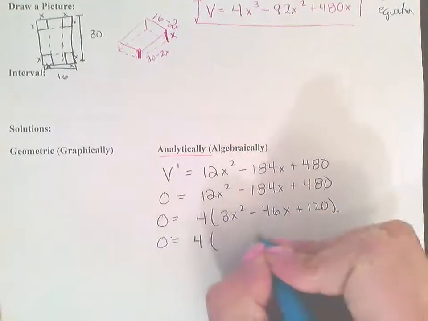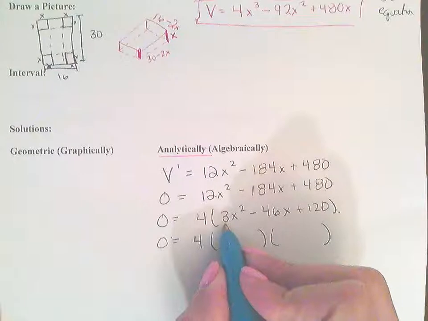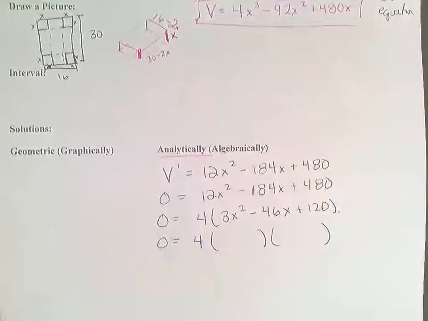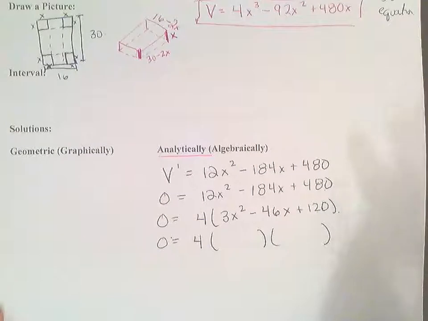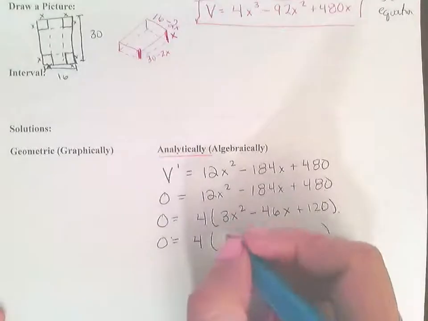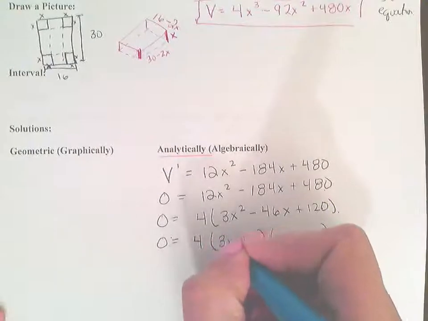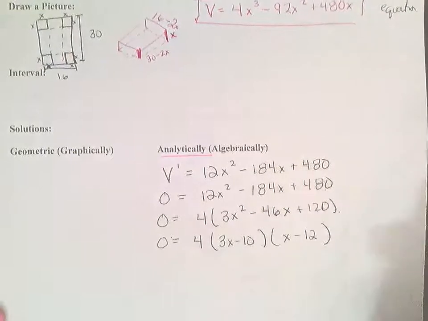You guys can do this on your own, but I basically went through and found two numbers that multiply to 360 and at the same time add to negative 46, and factored this out, and you get 3x minus 10 and x minus 12.